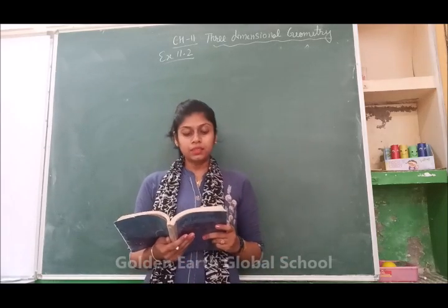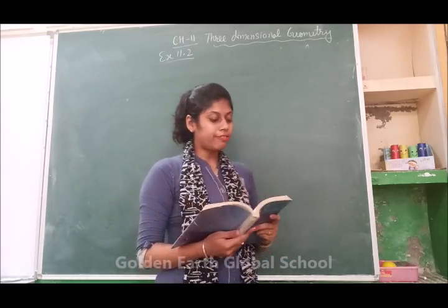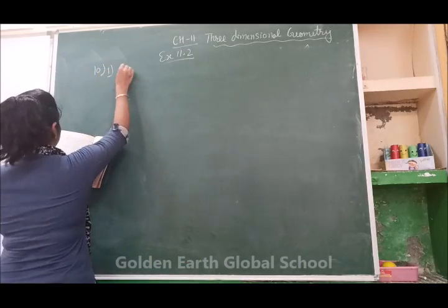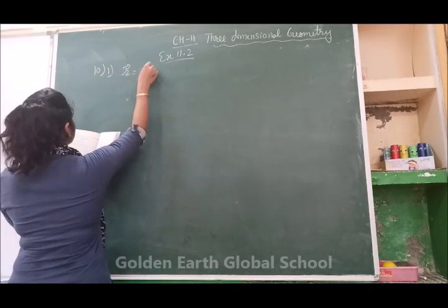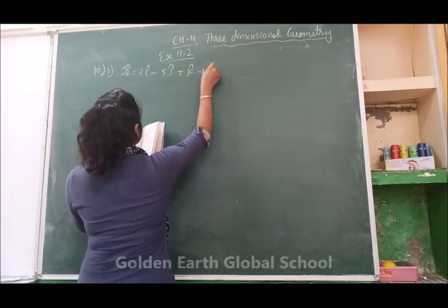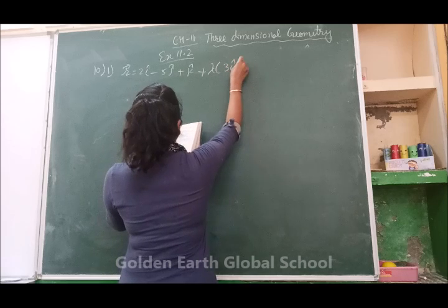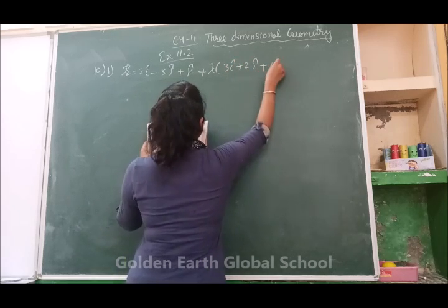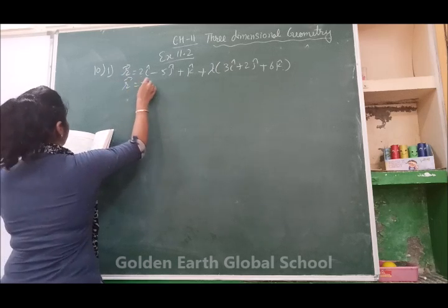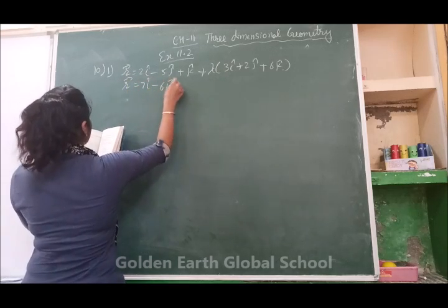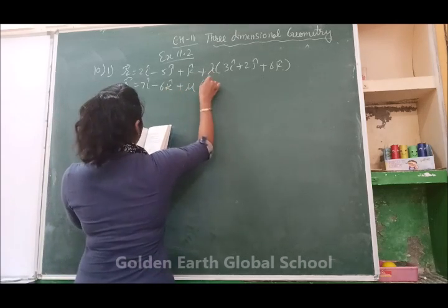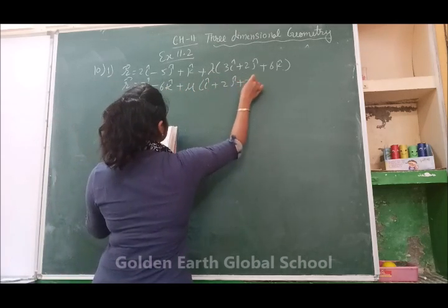Question number 10. Find the angle between the following pair of lines. First, the vector form is given: 2i minus 5j plus k plus lambda times 3i plus 2j plus 6k. And the second line: 7i minus 6k plus mu times i plus 2j plus 2k.